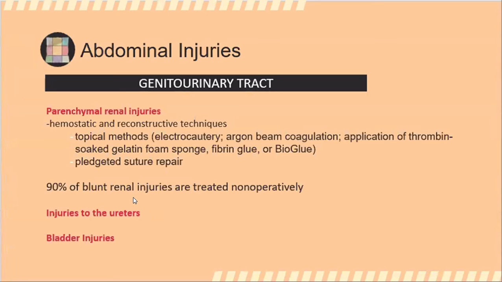Next, we move on to your genitourinary tract injuries. So for parenchymal renal injuries, for your kidney injuries, pag grades 1 or 2 or the patient is hemodynamically stable, PE is unremarkable or hindi decreasing yung serial hemoglobin hematocrit and hindi persistent yung hematuria, we can do conservative management or we can do observation lang.